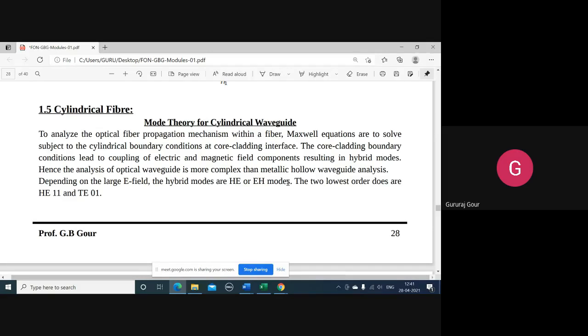Right now, briefly, we are observing the modes in the cylindrical guide. The first thing we observed is how significantly the cylindrical guide differs from the planar guide as far as Maxwell's equations are concerned, and that itself amply supports more modes compared to the planar guide.